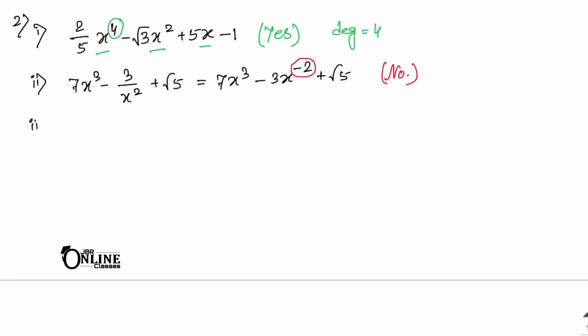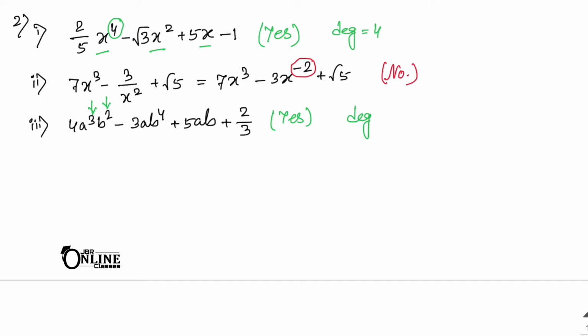Now next, number 3. 4a cube b square minus 3ab to the power 4 plus 5ab plus 2 by 3. So that means here a and b are the variables, and the powers of a and b are all positive. So your answer is yes. And the degree will be, as here a has 3 and b 2, so 3 plus 2, highest degree is 5.